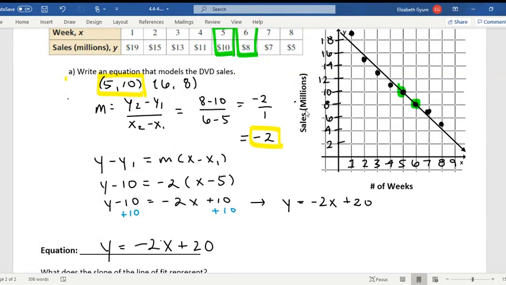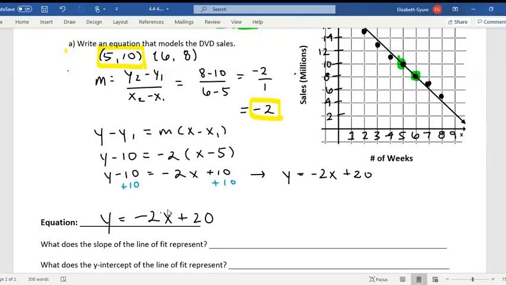Wasn't it in millions? So that means the sales are going down $2 million each week. Exactly. You could either say going down or you could say decrease, whatever you feel more comfortable with. The sales decrease. Yep, 2 million per week or each week, however you want to say that.